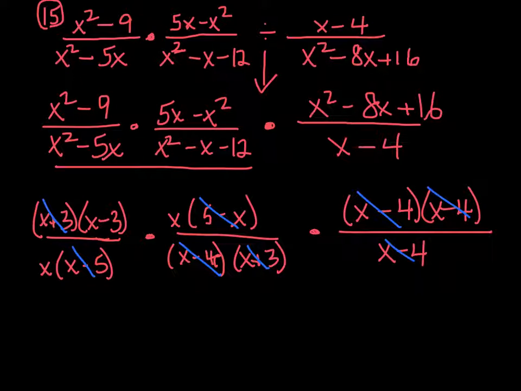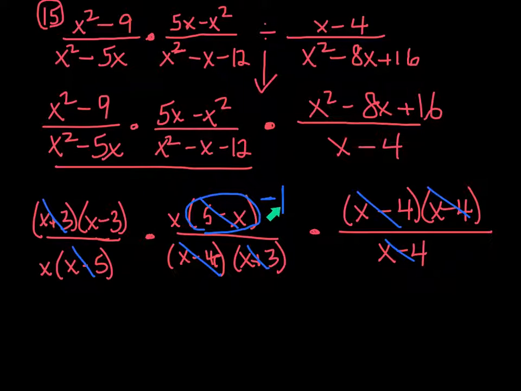So what we'll do is you can take that negative 1 and you can place it in the numerator or you can place it in the denominator. It doesn't really matter. So I'm just going to stick a negative 1 right here. And by multiplying, for example, this factor here by negative 1, what it does is it changes it to x minus 5, because then it will match this x minus 5.